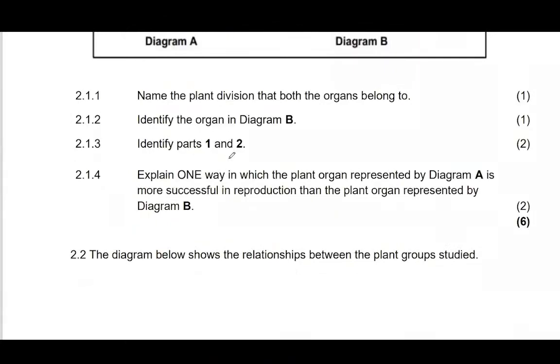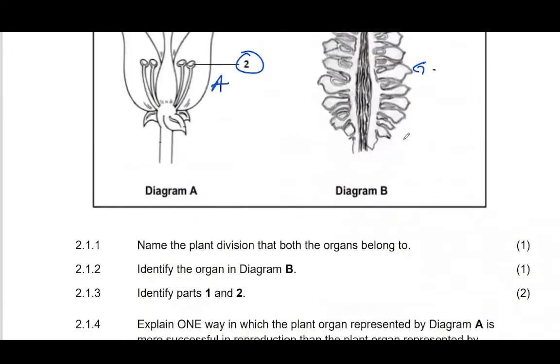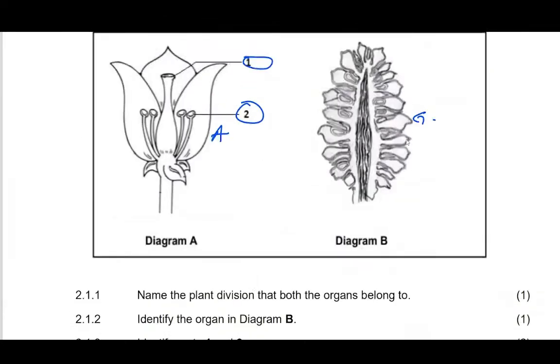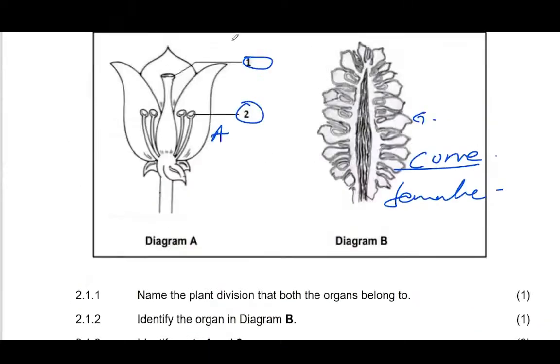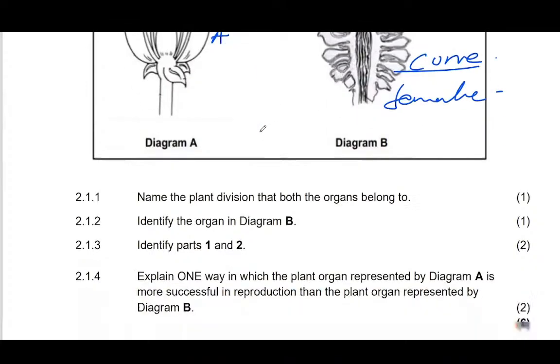Identify the organ in B. Yes, this is a cone. But which cone is this? It's a female. So it becomes the female cone. Identify 1 and 2. We identified it. 1, we said it's a stigma, and then 2 is the anther.